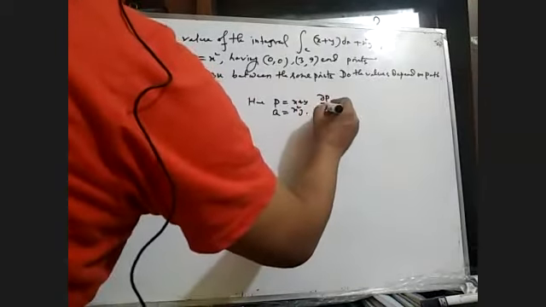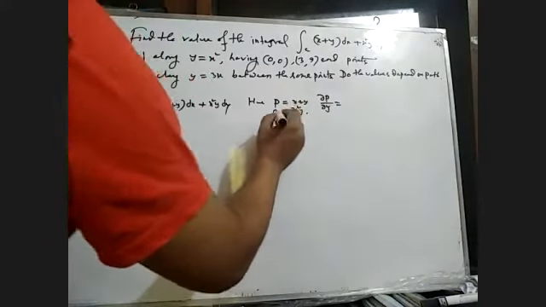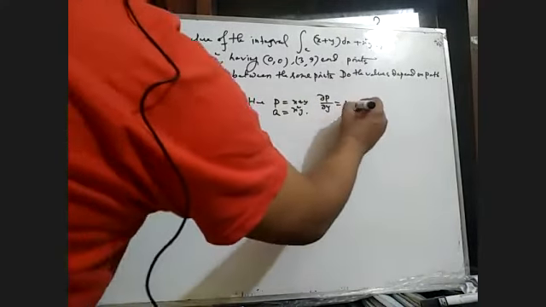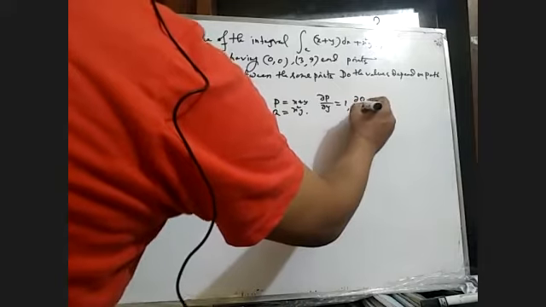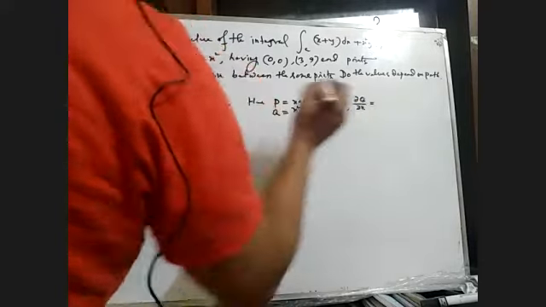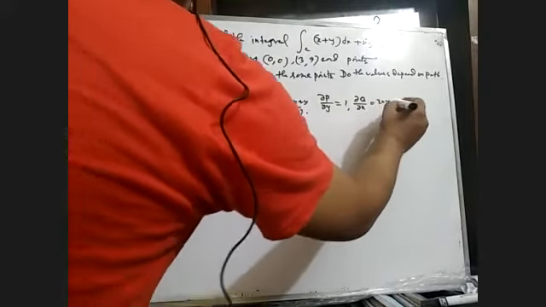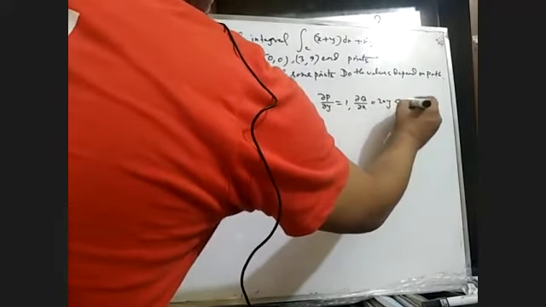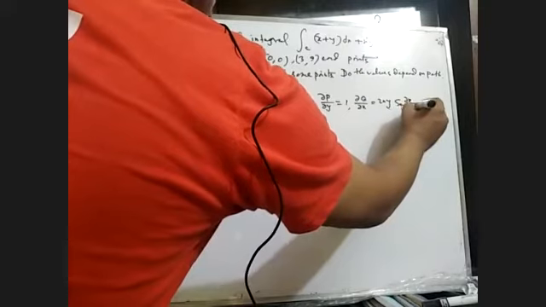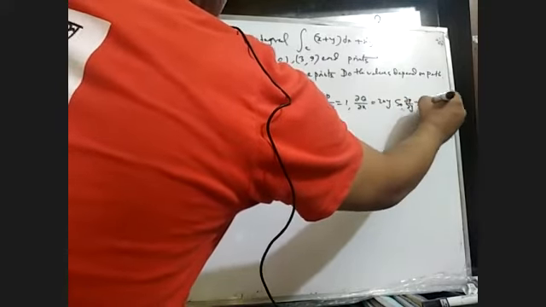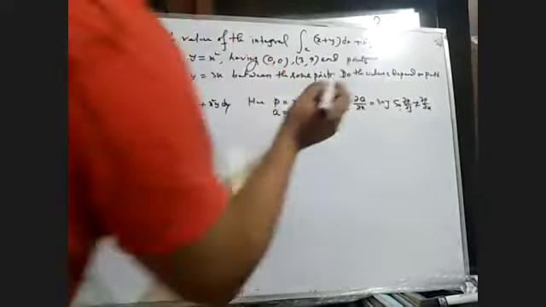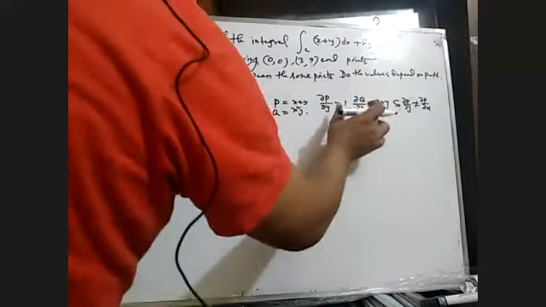So del P del y will be 1, and del Q del x will be twice xy. So del P del y does not equal del Q del x, since this is not an exact differential equation.